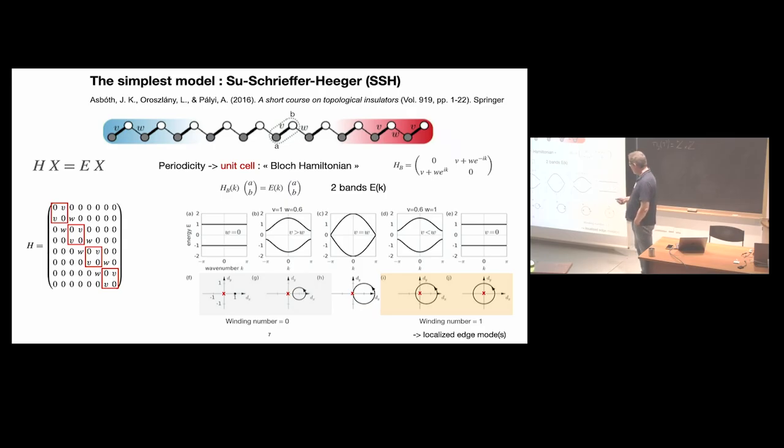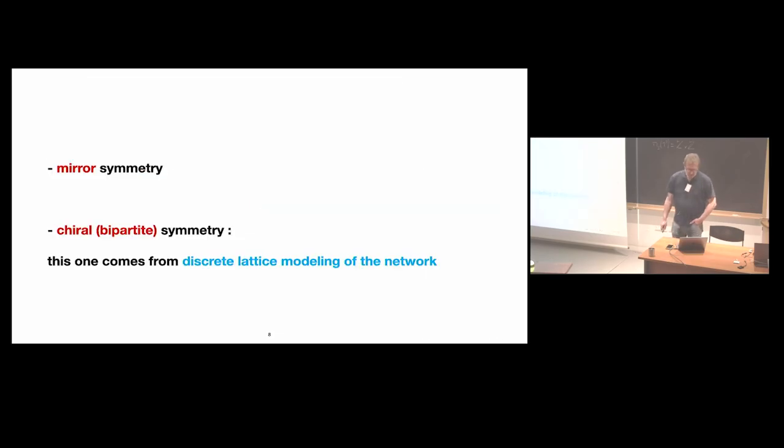For instance, if you take this unit cell and stick them together, when you are here, you will have a localized edge mode, one at each end. So that's an example of why discrete modeling could be of interest.